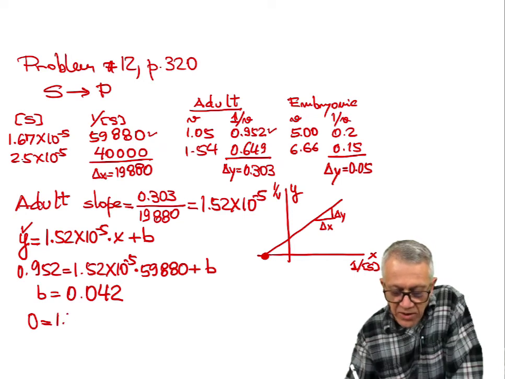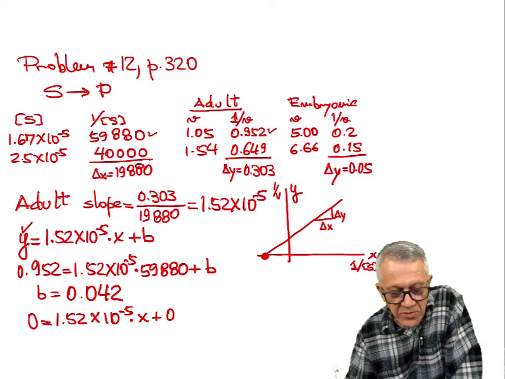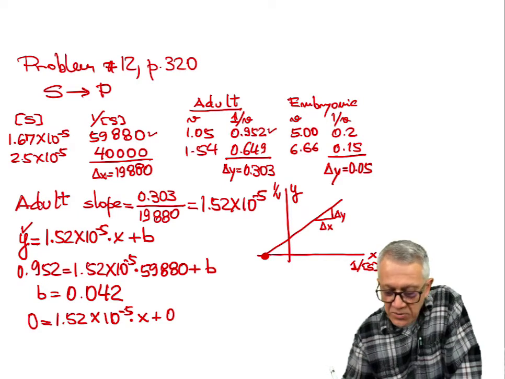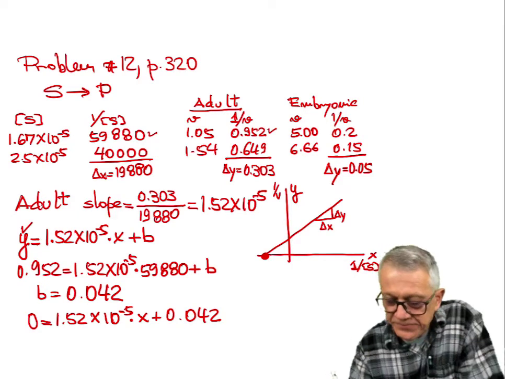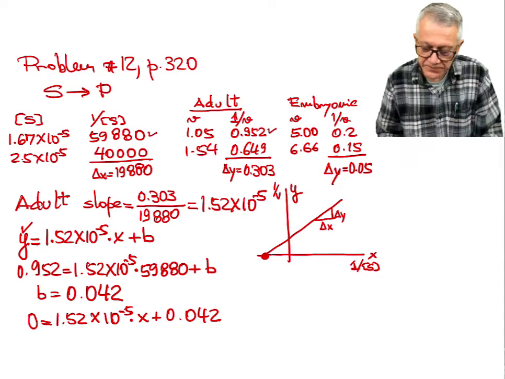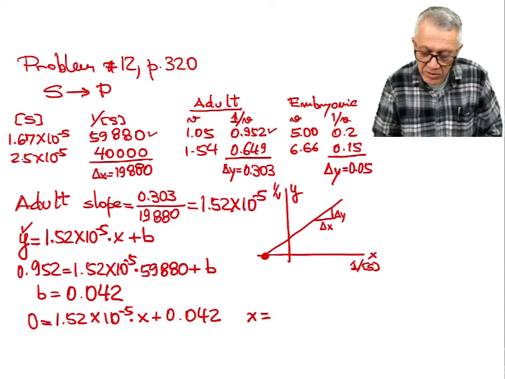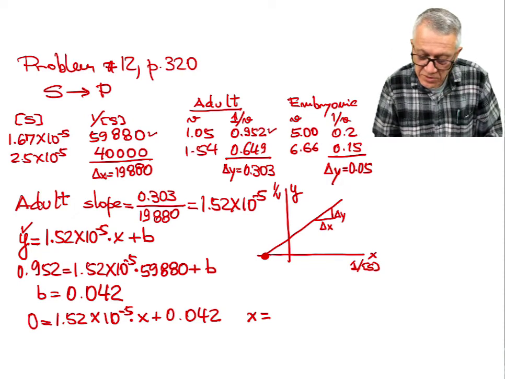So that's going to be 152 times 10 to the power of negative 5 times x, that's what I want to find, plus b. I know now b is going to be 0.042, right? So let's calculate this x here. So x is going to be equal 152.